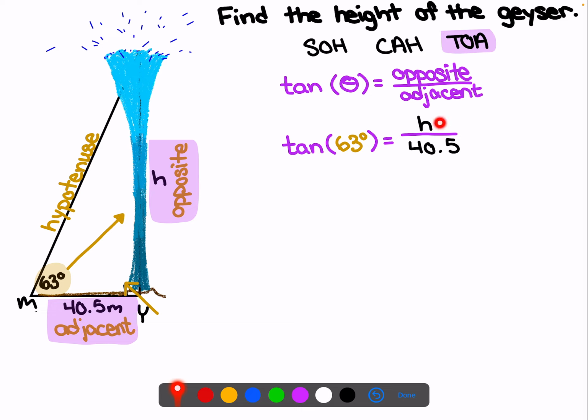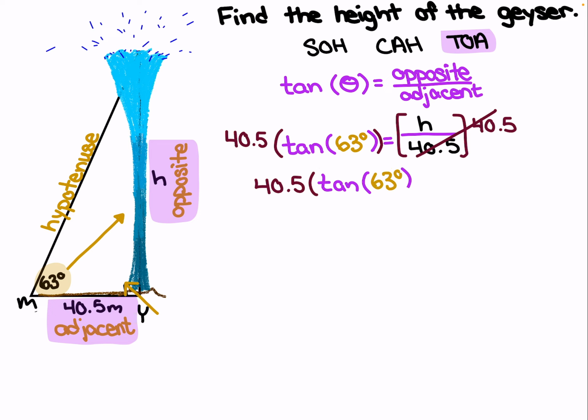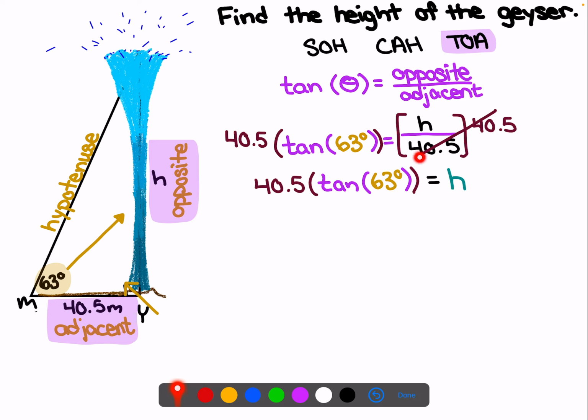From here, we just want to solve for h. So I'm going to multiply both sides by 40.5, which will give us 40.5 times tangent of 63 equals h. Again, on the right side of our equation, the 40.5 is canceled. From here, we can enter this entire thing on the left into our calculator.